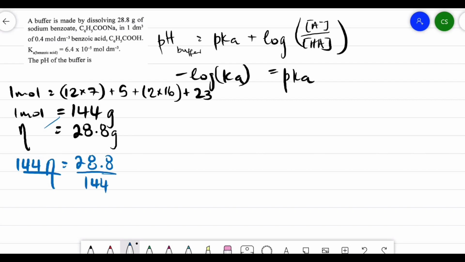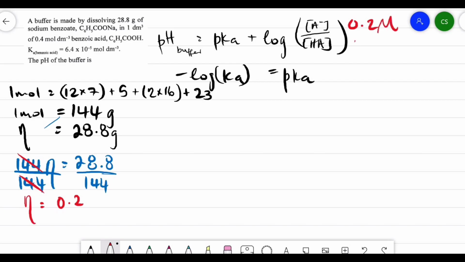Divide through on both sides by 144, and what you would get is 28.8 over 144 is 0.2. So the number of moles is equal to 0.2. Now, it's 1 dm cube, therefore the concentration for the salt would be 0.2 mole per dm cube, which could be represented by big M, which is molar.